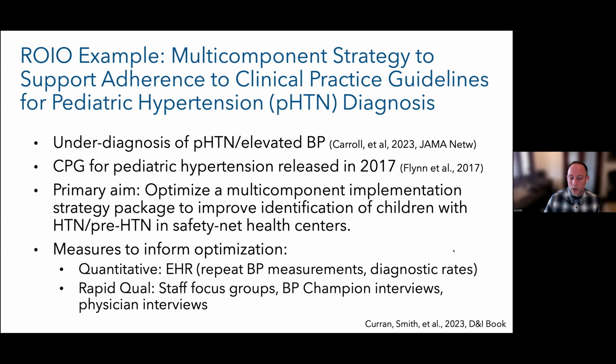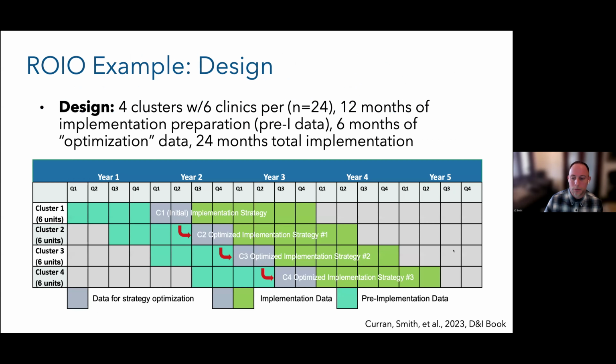And then we will also be using rapid qualitative analysis to analyze transcripts of staff focus groups, interviews with BP champions at the implementing sites, as well as interviews with pediatricians and physicians. And so you'll see that obviously there are multiple sources of input and multiple groups that essentially inform the optimization procedure.